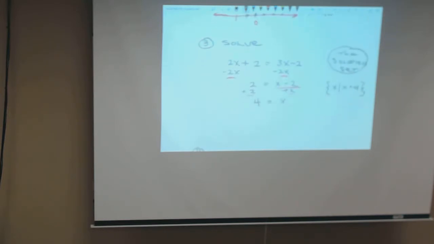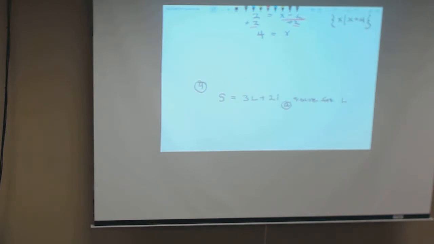Number 4. S is 3L plus 21. And it says to solve for L. That means I want L to be by itself, and I want L to equal a whole bunch of stuff over here.